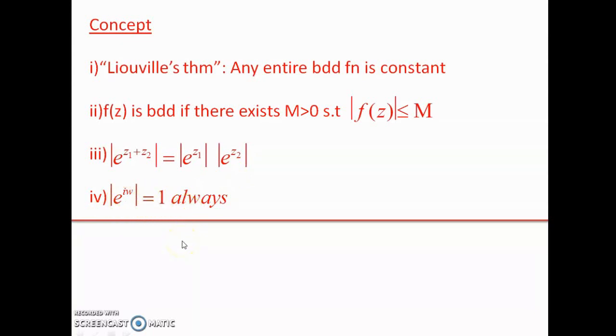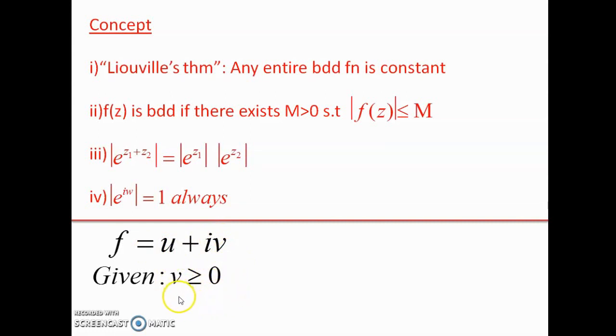So now let us look into the question. We are given f as an entire function. Let me take f as u plus iv, and it is given imaginary part of f is greater than or equal to 0. The imaginary part here is v. So I am writing v greater than or equal to 0.